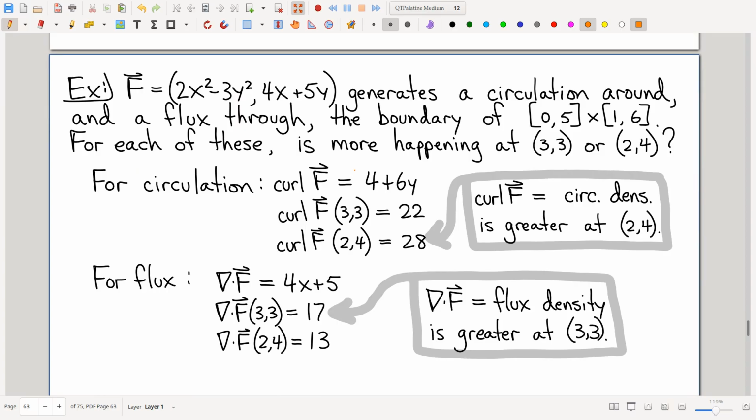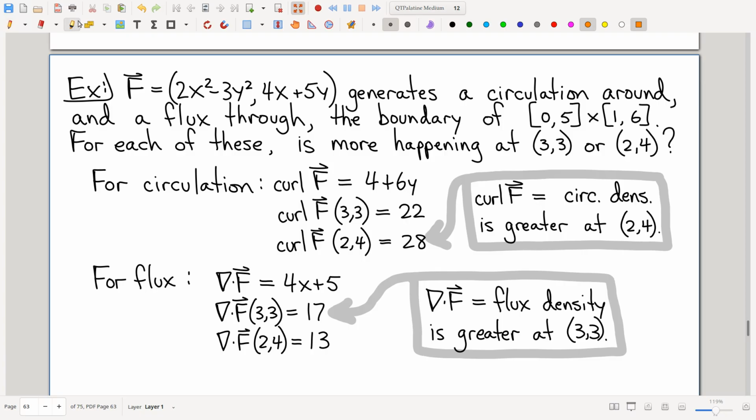Here, we have a vector field. We have a rectangle on which we can talk about boundary flux and boundary circulation, and ask, is there more flux happening at this point or that point? Is there more circulation happening at this point or that point, in the interiors? And again, you use the densities.